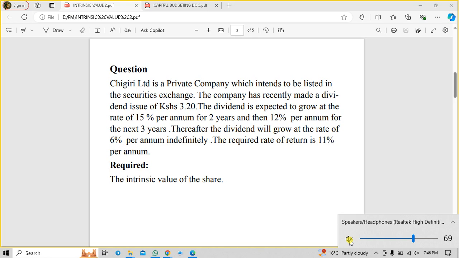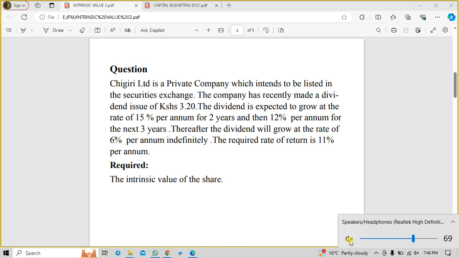The issue is patience, because sometimes they can even drop. But right now you can see the shares are increasing in price. So in the next few months, or maybe by next year, the shares will be at 38 or 30 shillings.